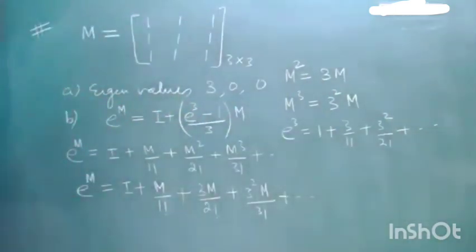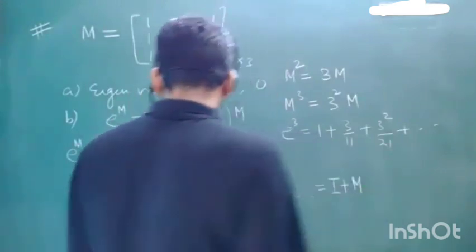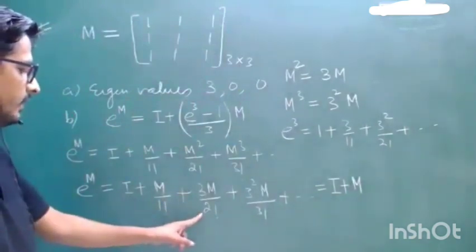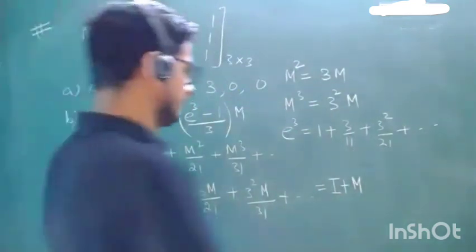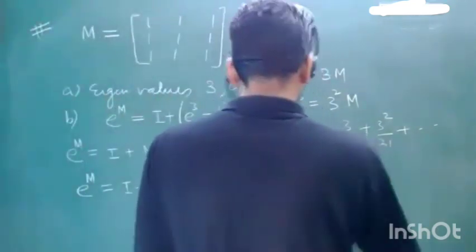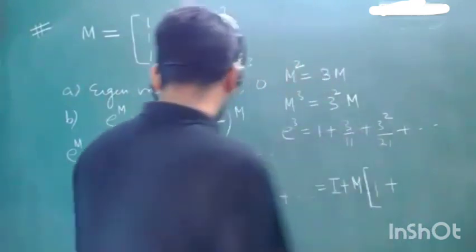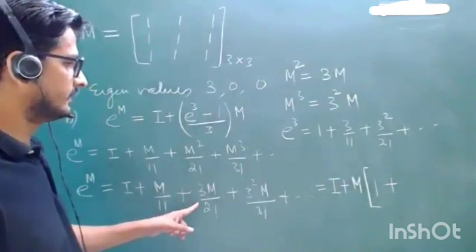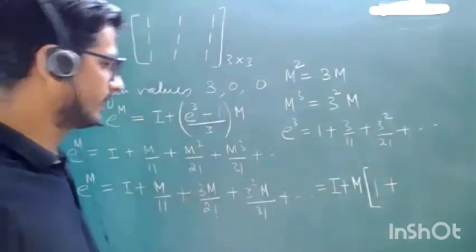And you can see there is a chance of getting this. So I plus m, if I take m common, and you see here we have 2 factorial, but you need square. So how you will manage that? So you have 1 plus, here you see you need 1 plus 3 upon 1 factorial, then 3 square upon 2 factorial.